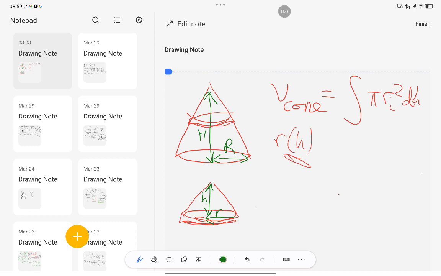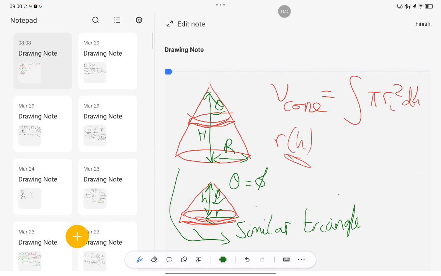Well, because the side of our cone is at a constant slant, no matter where we are on our cone, this angle and this angle are going to be the same. And what that ends up meaning is that these are similar triangles.